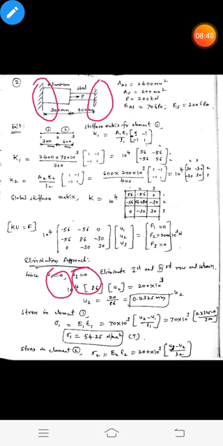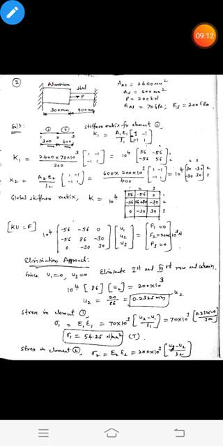The three methods are the elimination method, penalty method and multi-constraint method. Now we will solve these equations by applying the elimination approach.